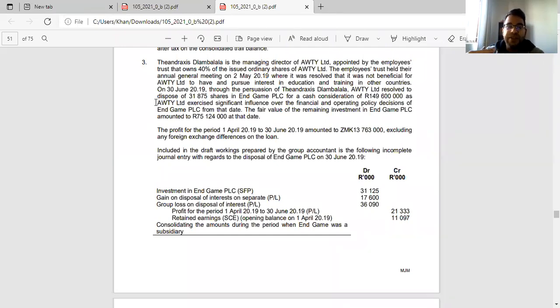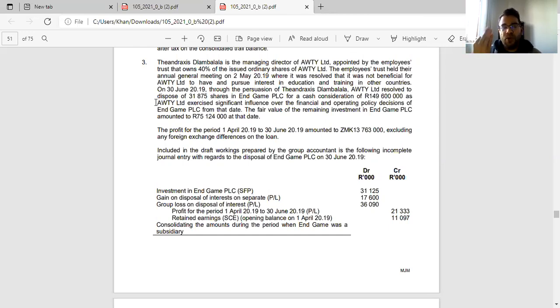Okay, so in the statement of profit, loss, and other comprehensive income, you have two parts. You have the profit and loss section, and you have the other comprehensive income section. Now, the other comprehensive income section, OCI, has a few aspects that you may or may not be aware of.